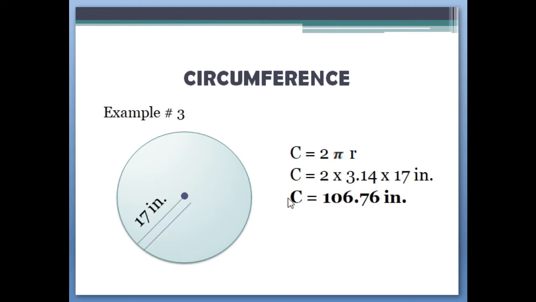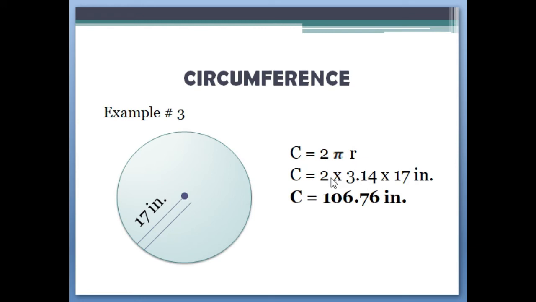Next, we have example number 3. So, yung given natin is, of course, radius kasi kalahati lang naman. It's from the center to any point on the circle. So, you have 17 inches. So, yung gagamitin yung formula is C is equal to 2 pi r. It is because yung given ninyo ay radius.